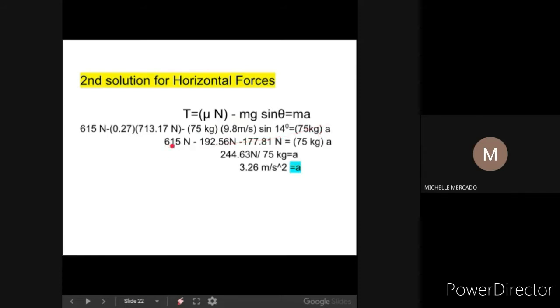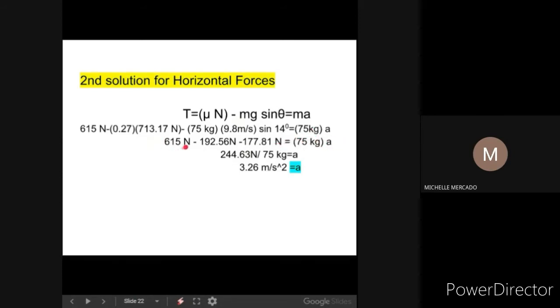So, 615 minus 0.27 multiply by 713.17, the answer will be 192.56 Newton minus 75 kilogram multiply 9.8 meter per second squared sine 14 degree, the answer will be 177.81 Newton is equals to 75 kilogram multiplied by the acceleration.